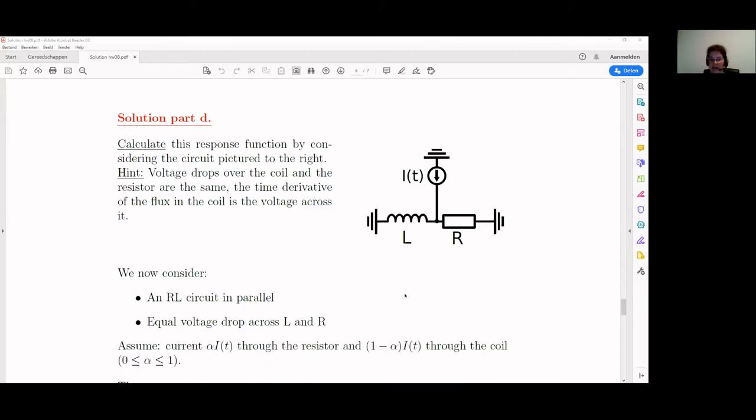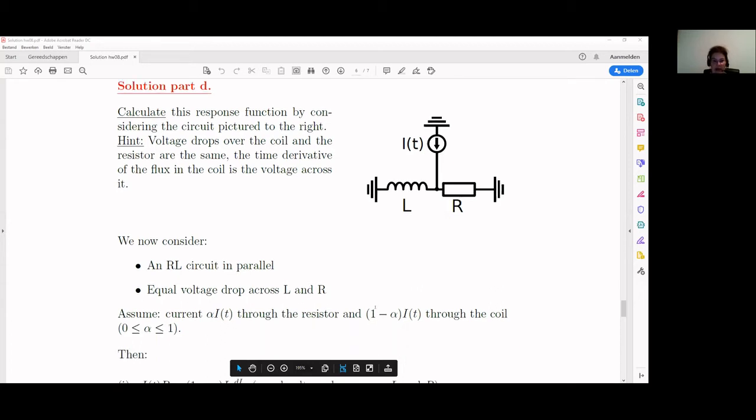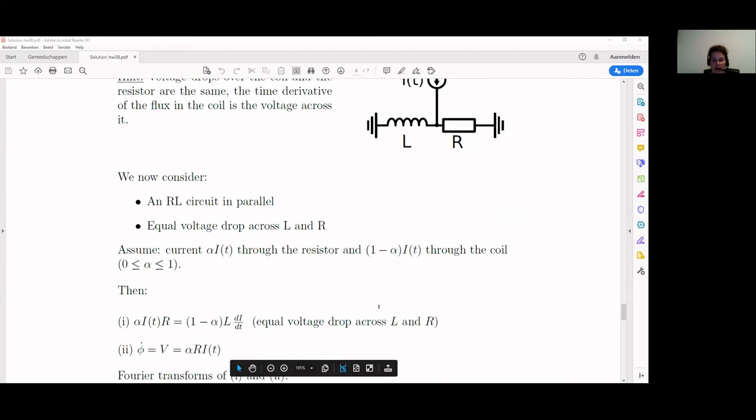Now, that's something that we can use. So we're now considering the following circuit, which is an RL circuit in parallel, if you like. And we also know that there is an equal voltage drop across the inductor and the resistor. And given that, you can analyze this circuit and translate this into formulas.